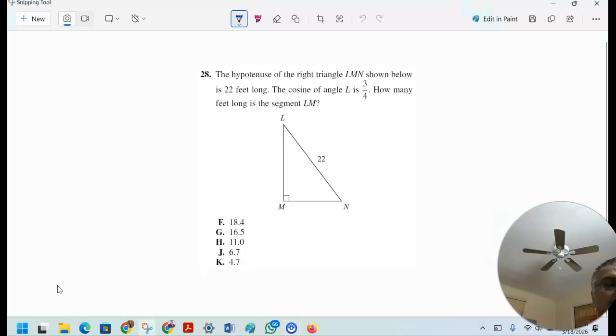So question number 28: the hypotenuse of a right triangle is shown, and the cosine of the angle L is given. So this is the hypotenuse, and the angle L is this one. They give us that the cosine of angle L is 3/4.